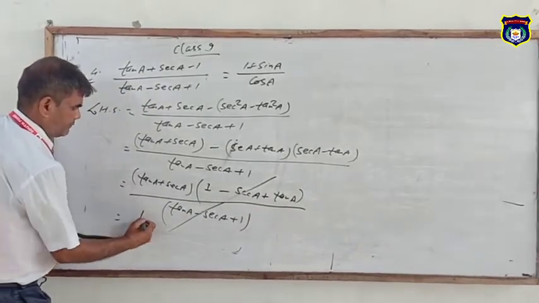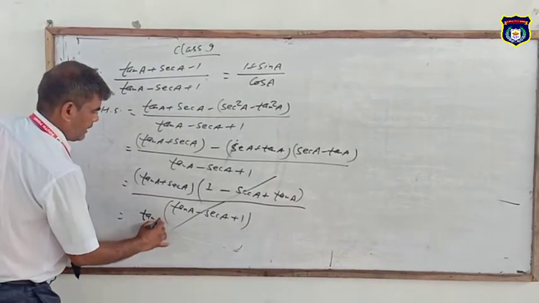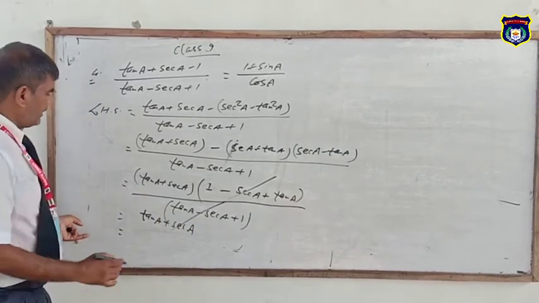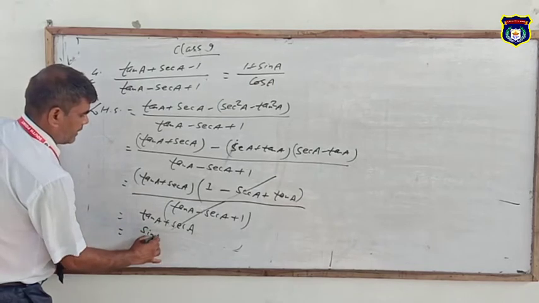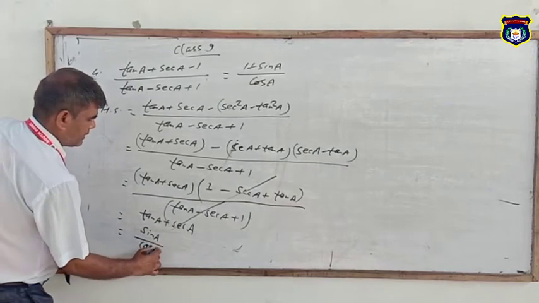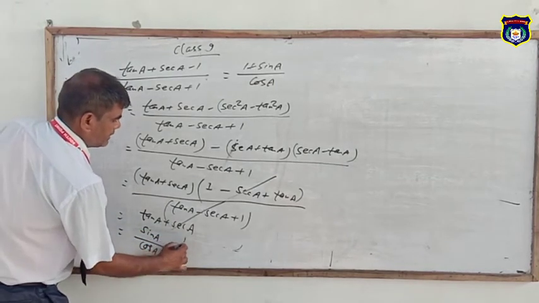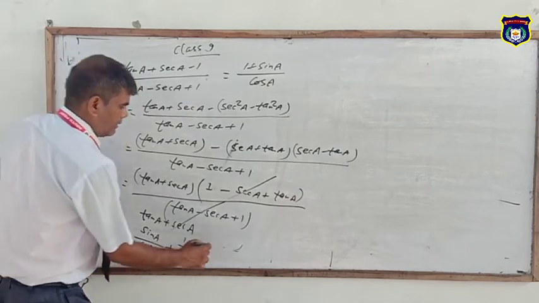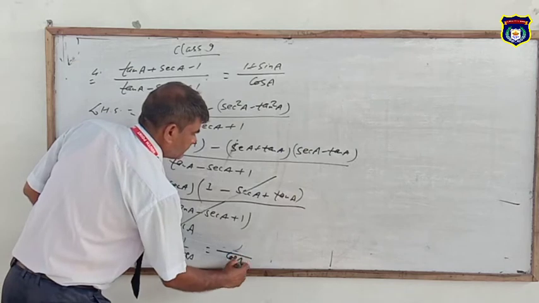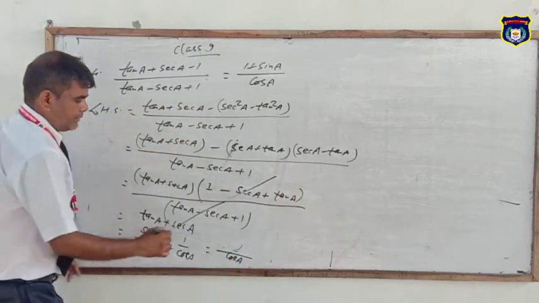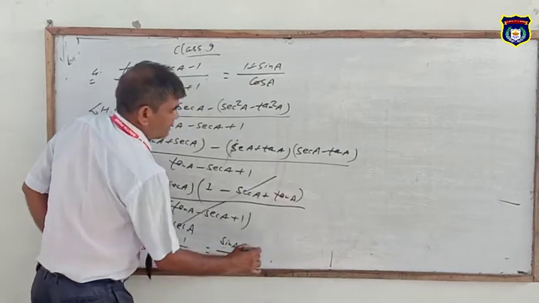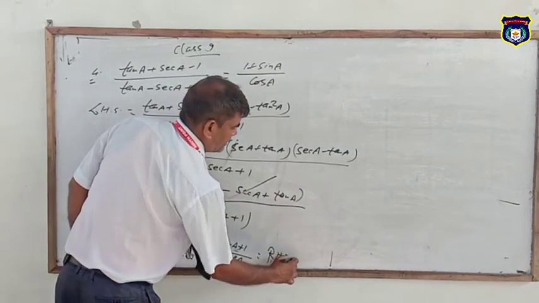Remaining is tan A plus sec A. Now tan A is equal to sin A by cos A plus sec A is equal to 1 by cos A, LCM is cos A. So this is (sin A plus 1) by cos A, which is equal to RHS.